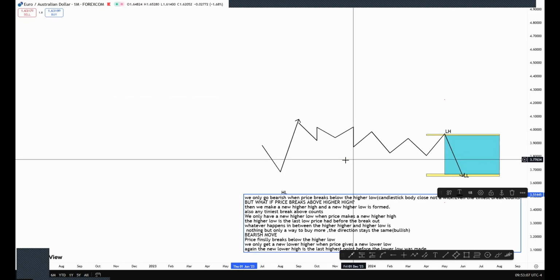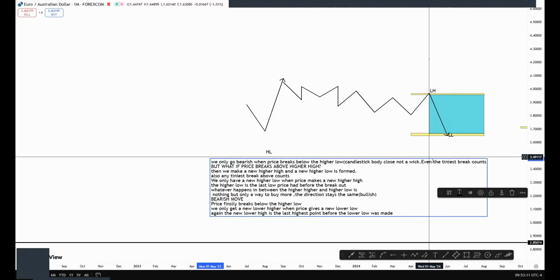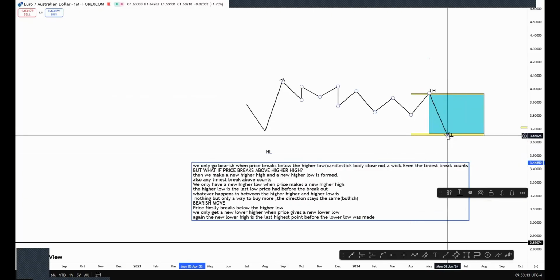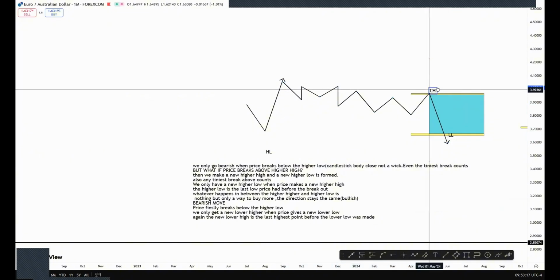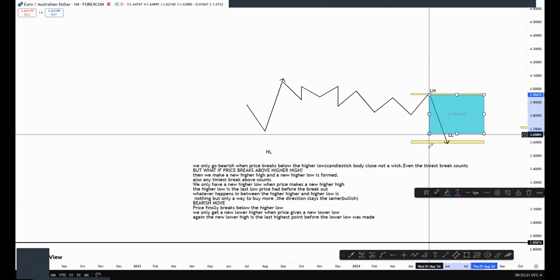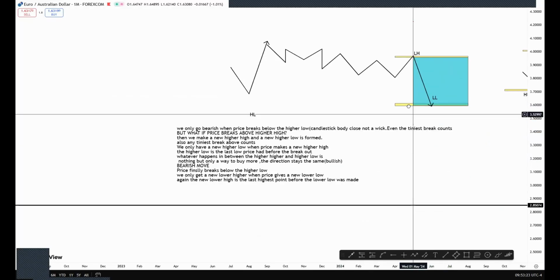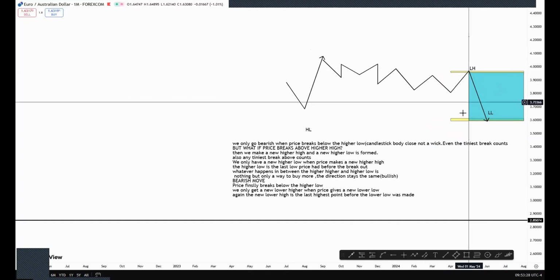Okay. So in this case, since we've now broken below here, if price makes a new lower low like that, my lower high still remains the same. I'll just update my low and say, okay, price is still bearish at this point.